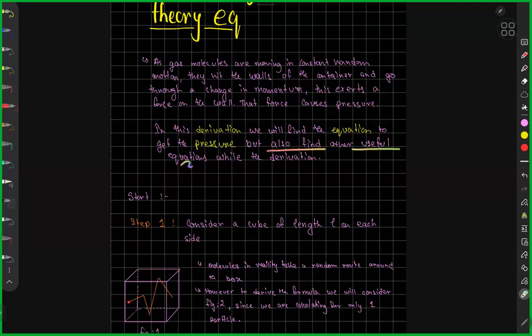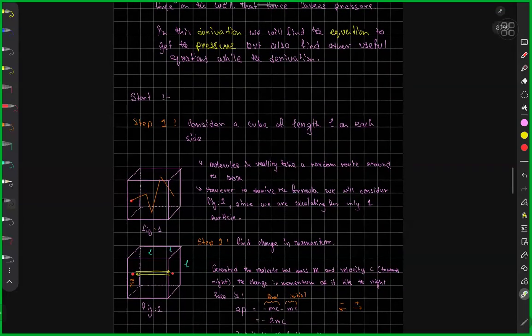But in doing so, we will find 3, 4 other smaller equations which will also be helpful to us. Ultimately, what are we getting? A pressure formula with respect to mass and speed of particles. How do we get to that pressure formula?